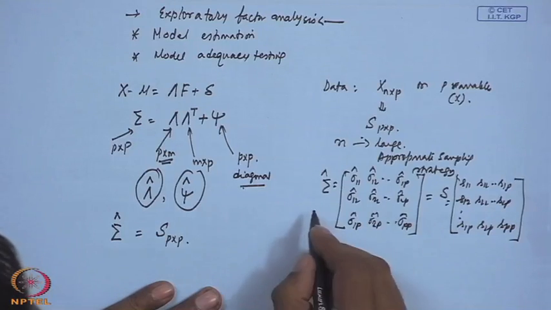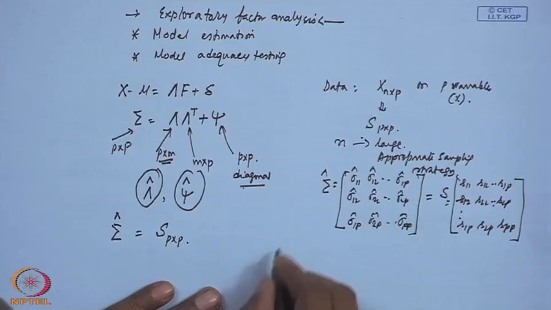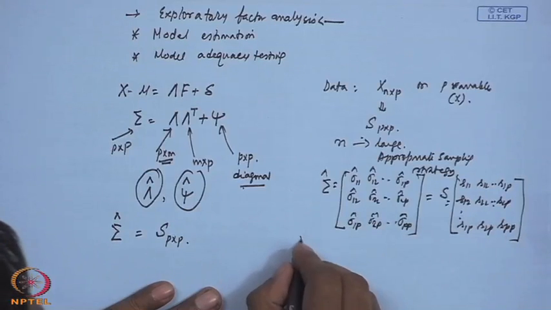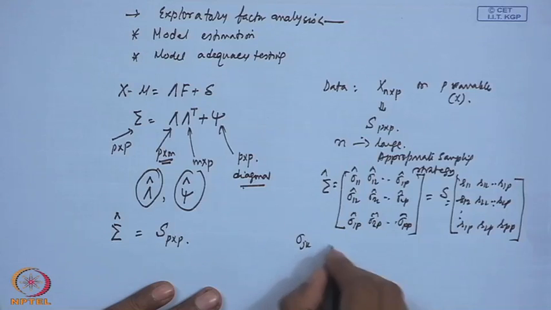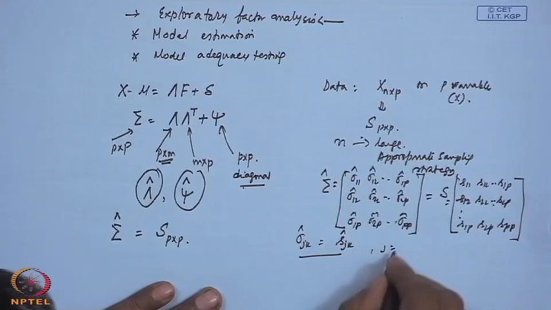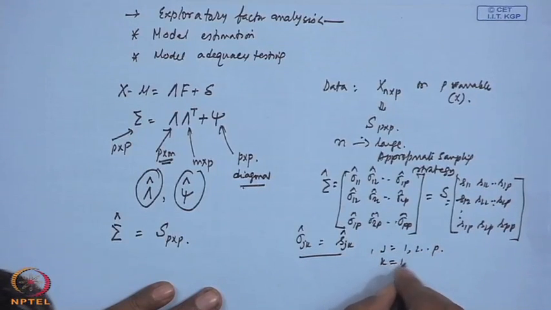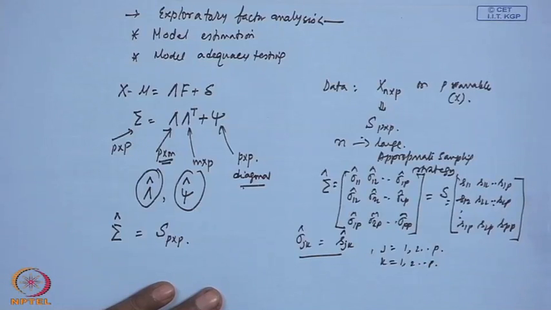Correct? So in general, if I say sigma jk, that estimate is sjk for j equal to 1 to p, k equal to 1 to p.